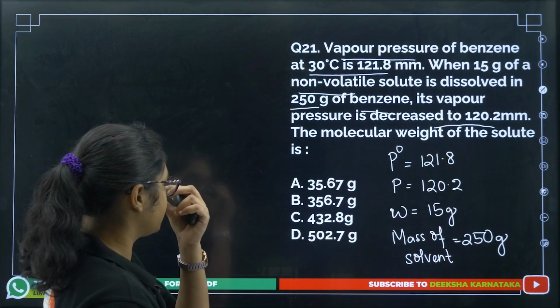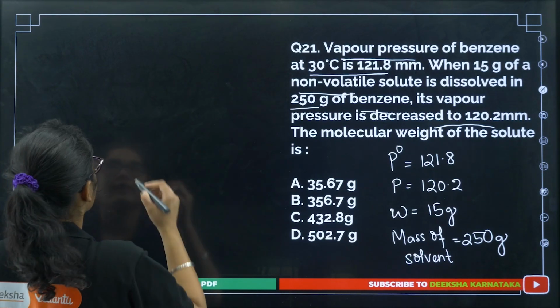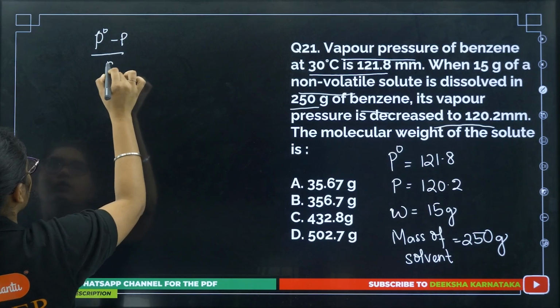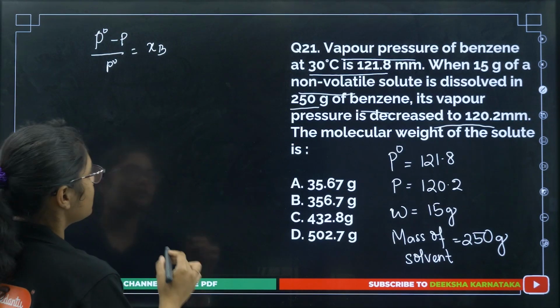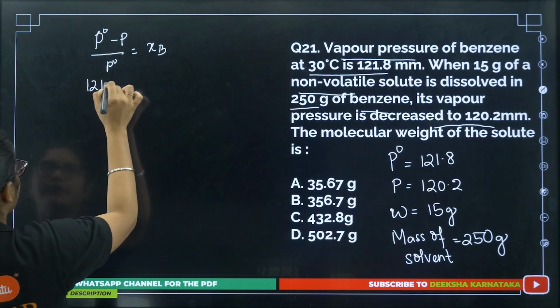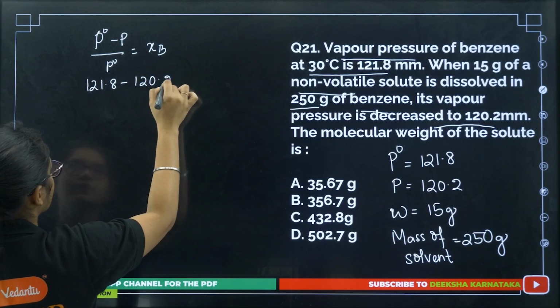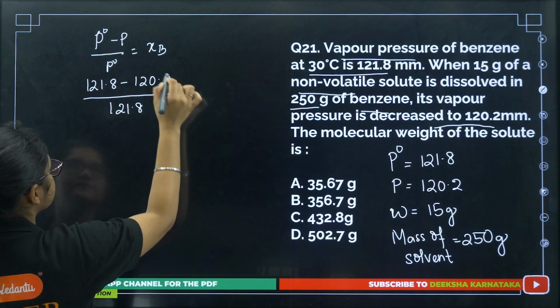So we'll get this. Now I want to calculate P naught minus P by P naught is equal to XB, right? So 121.8 minus 120.2 divided by 121.8 is equal to XB.